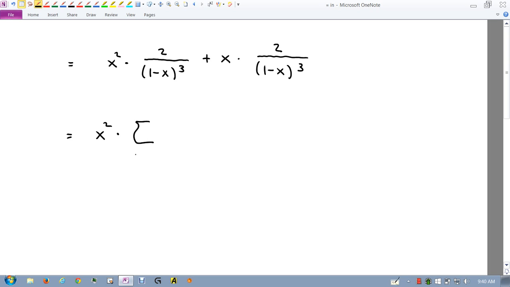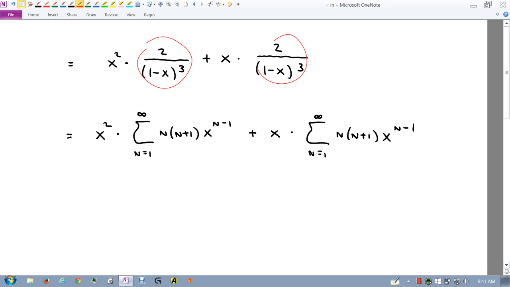Sum n equals 1 to infinity of n plus 1 and minus 1, right? And then what was the next one? X times the same exact series, isn't it? So all I did here was replace this and this here and here, right?